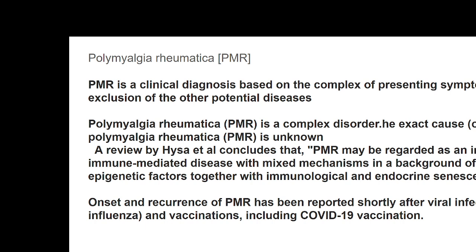Polymyalgia rheumatica is a reactive phenomenon, but in conventional medical practice you have a separate name for it. It is regarded as an inflammatory immune-mediated disease with mixed mechanisms in a background of genetic and epigenetic factors.